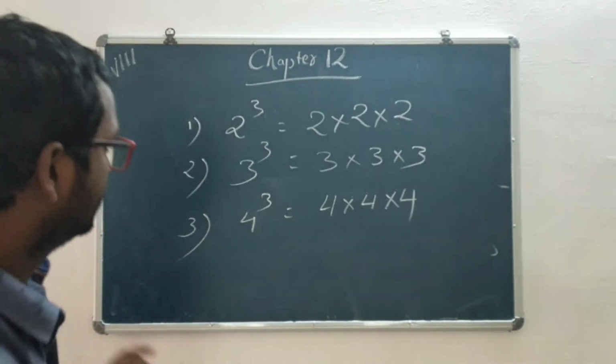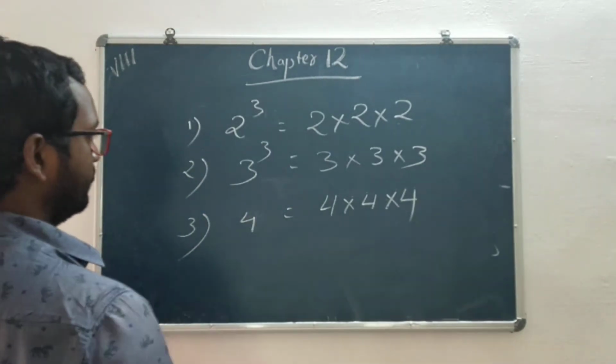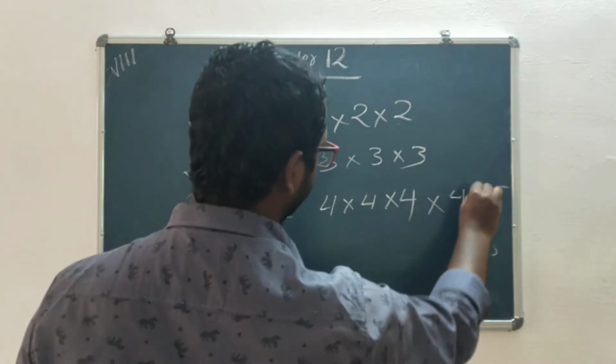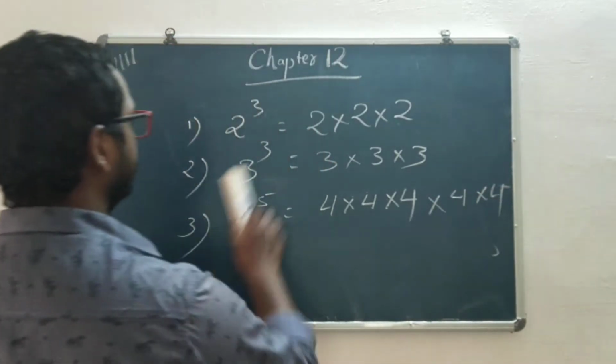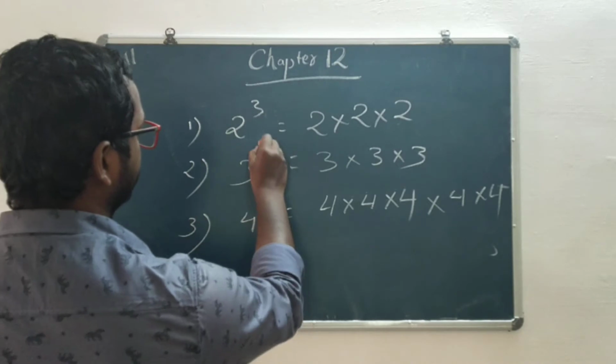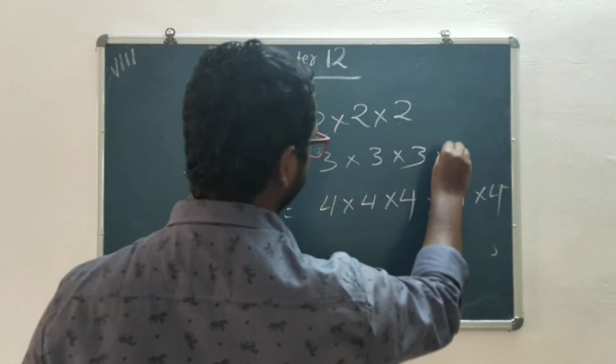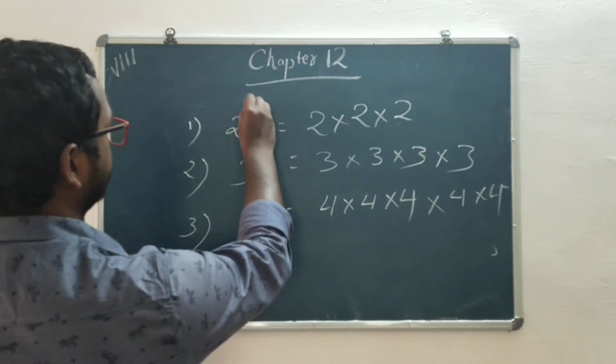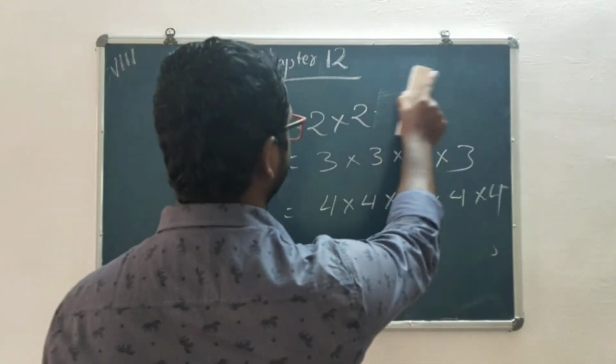If I say 4 power 5, it means 4 into 4 into 4 into 4 into 4. 3 power 4 is 3 into 3 into 3 into 3. 2 power 2 means 2 into 2.